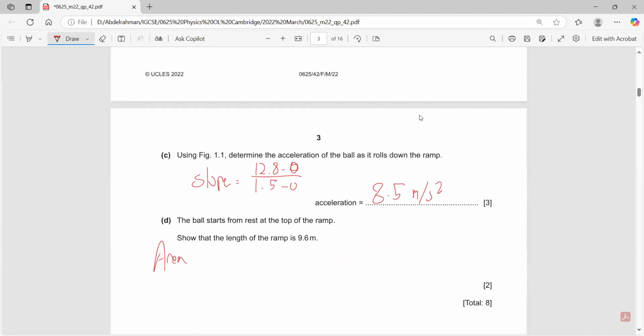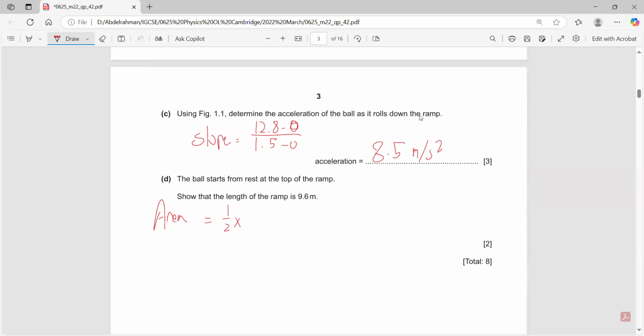So half times 1.5 times 12.8 gives you exactly 9.6 meters. Okay, quite simple.